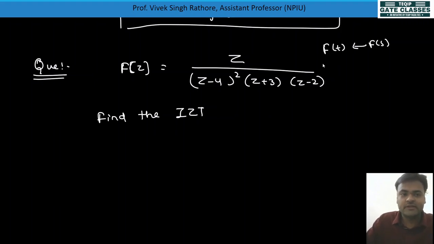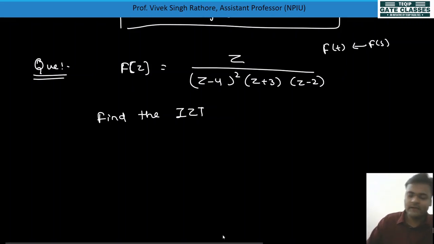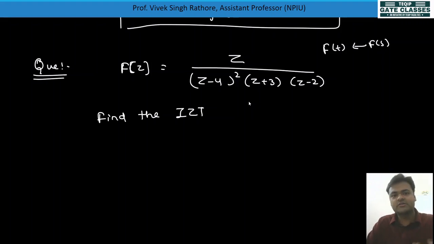Whatever condition is there, the other ROCs will be neglected, as some ROCs are not defined. Like this, we come to the conclusion about which expression we can take. The same will follow with the Z transform also. If f of z is there, more than one type of signal can have this same Z transform. Based on the ROC, it will be unique.